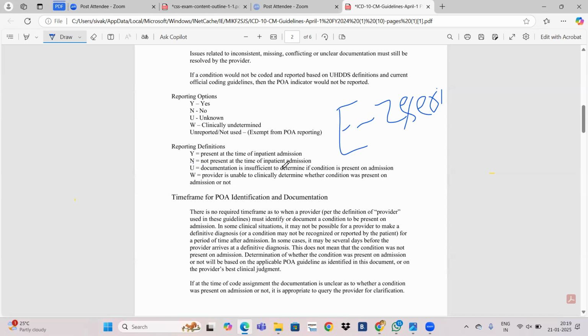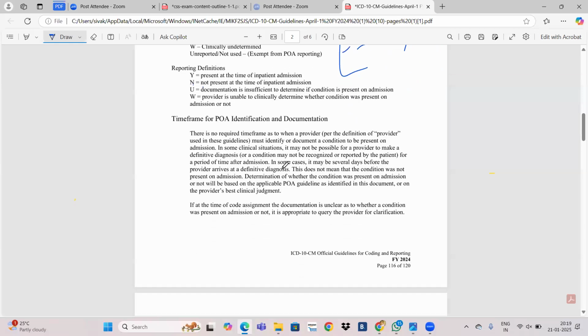So next guideline, remember the time frame for POA identification. Read the first guideline. Here you will get one multiple choice question in this concept. What is the time frame to assign the POA indicator? They will ask. They will give options like 15 days, 20 days, 30 days, and unlimited. So what is the guideline?